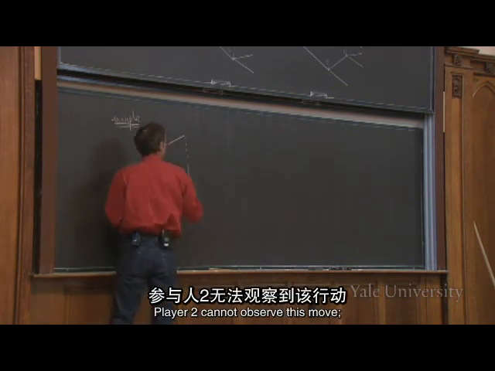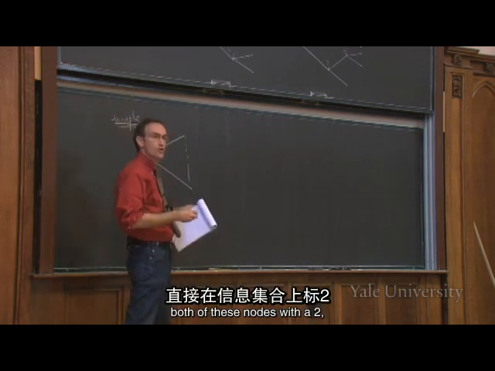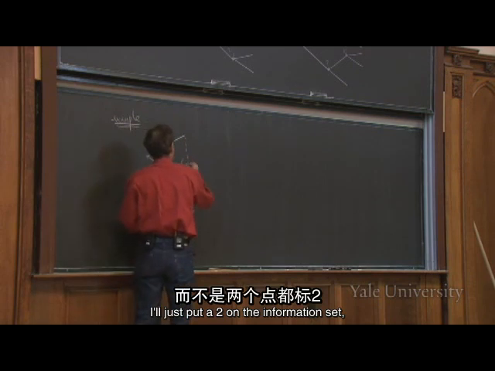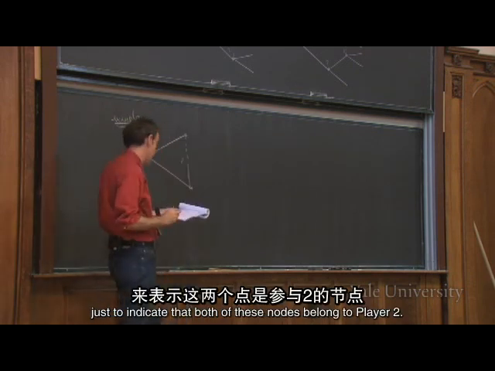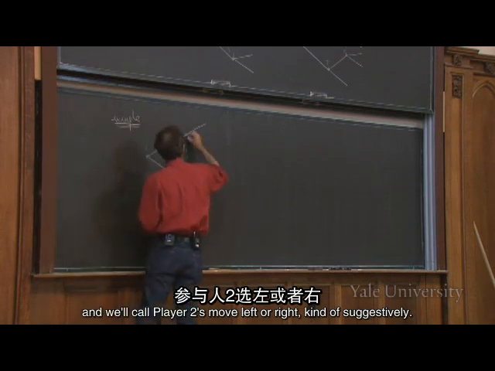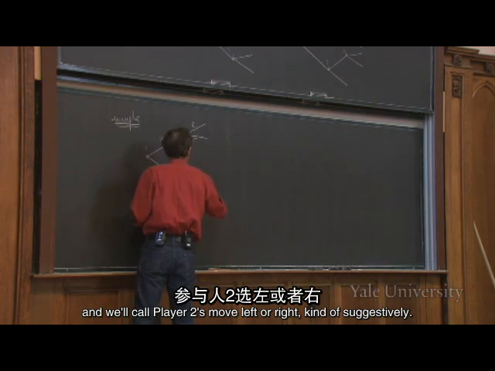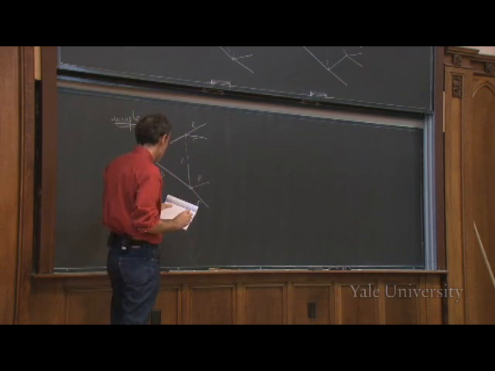Player 2 cannot observe this move, and sometimes, rather than labeling both of these nodes with a 2, I'll just put a 2 on the information set, just to indicate that both of these nodes belong to player 2. So player 2 moves second, and we'll call player 1's move up or down, and we'll call player 2's move left or right. Kind of suggestively, left or right.